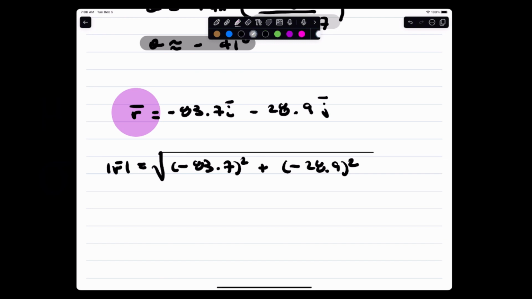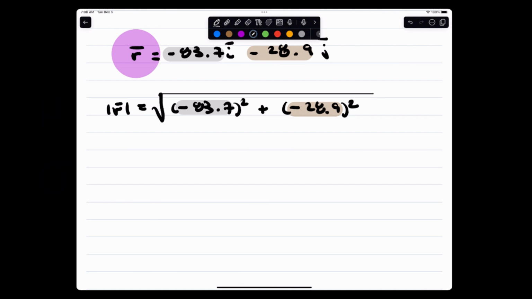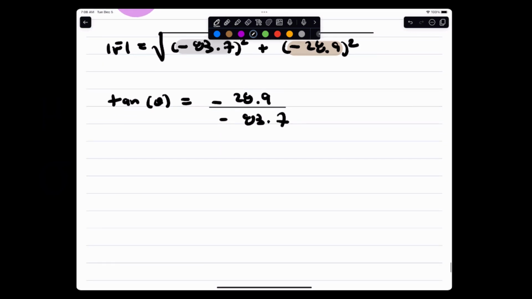Okay, so if you want to be kind of consistent with these colors of these components. So let's get that magnitude. All right, here's what's our magnitude going to be, and then let's do the direction again. Since we're going to go to the calculator, and that's going to be what? Negative 28.9 over negative 83 point. What's a negative over a negative? Isn't that a positive? All right, so I'm going to put this as a positive when we use the inverse.